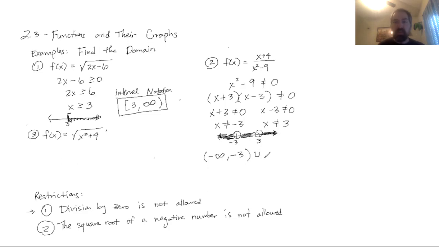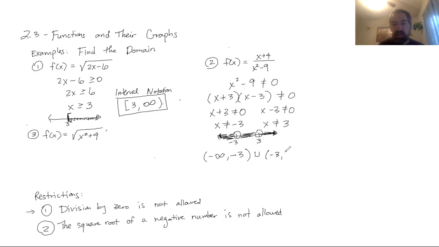And then we're going to use a union here, because you see 3 separate pieces on this number line. So we're going to take each piece at a time and use this union symbol to join them together. So this first shaded region to the left of -3, that's -infinity comma -3. And then union, now we have another shading between -3 and 3.